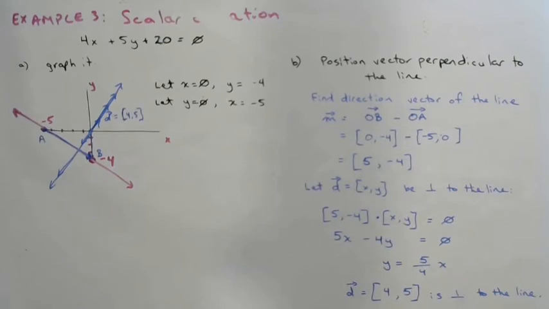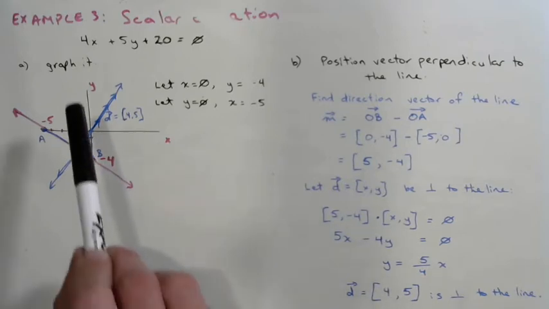So something important to notice here, which it asks us to notice in part C of example 3: how does the position vector d that we just figured out, that's perpendicular to our original line, compare to the scalar equation?